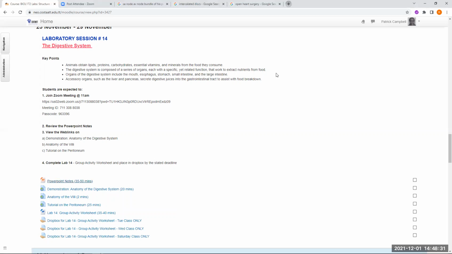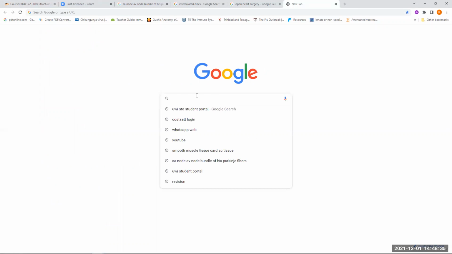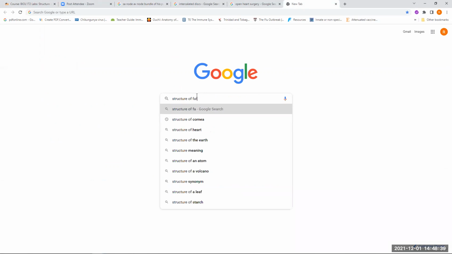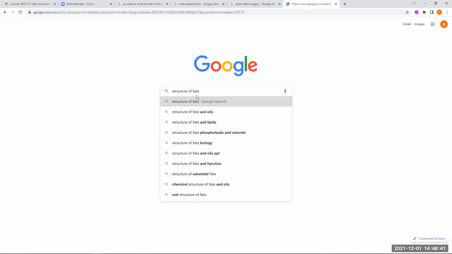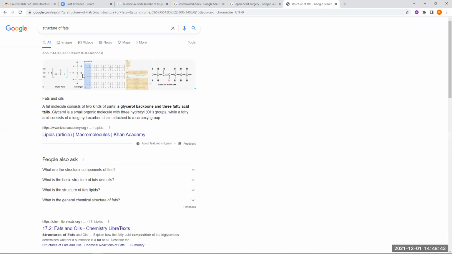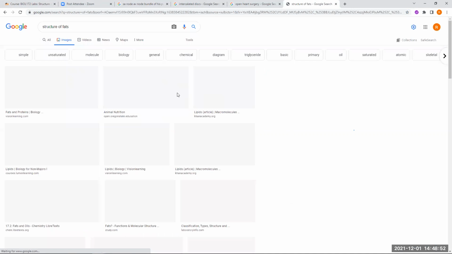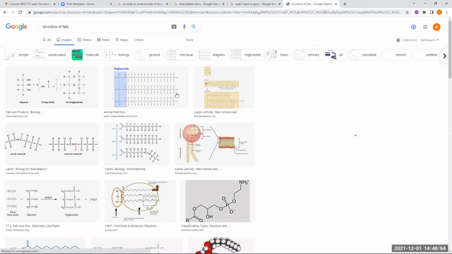Fats are big structurally. Let's have a look to see what fats look like. You can understand that, yeah? So fats, by their very nature, are big and bulky, right? For instance, these are triglycerides, but they're big. This is showing the molecular representation of the carbon and hydrogen atoms that make it up.